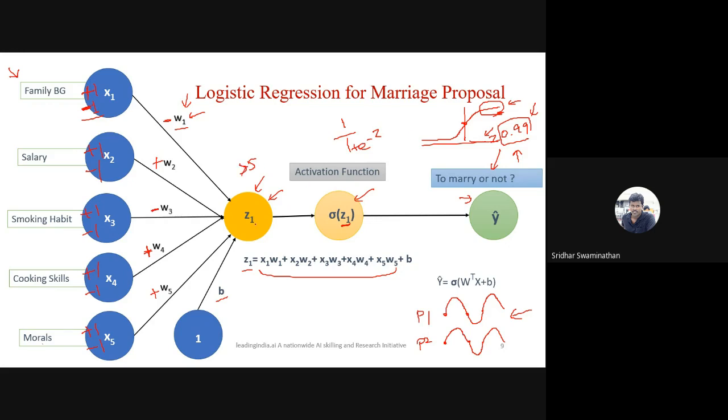And if you want this z to be more than 5, then W transpose x plus b should be giving more than 5. And that means both the weights and the inputs should be looking similar. Only then you will get a z value which is more than 5 and your output value which is close to 1.